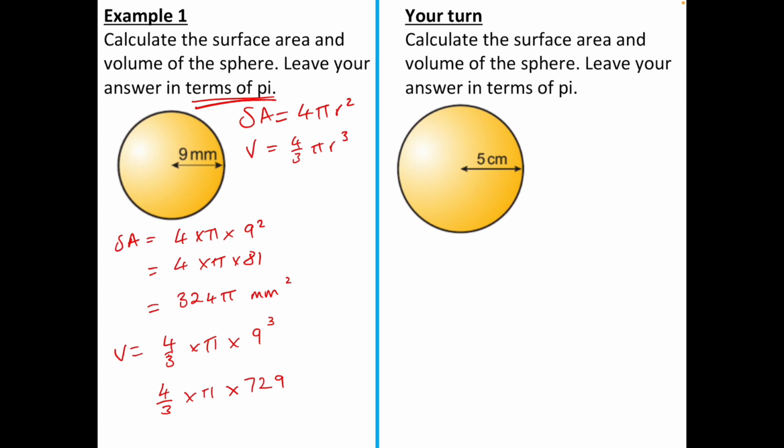Finding 4/3 of that number gives me 972 pi. We're talking about volume, so we're going to be cubed. We started with millimetres, so we finish with them. And that is your answer. Can you please pause the video here and write that example down? Then have a go at the one on the right on your own.